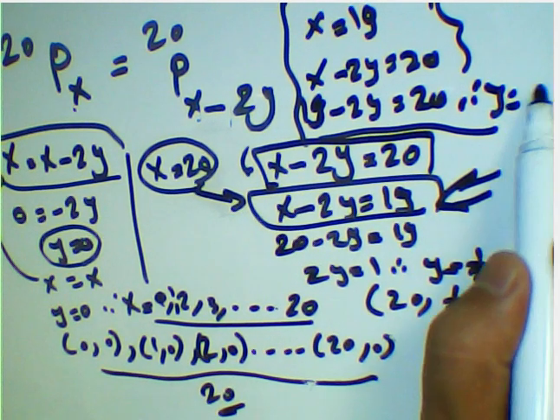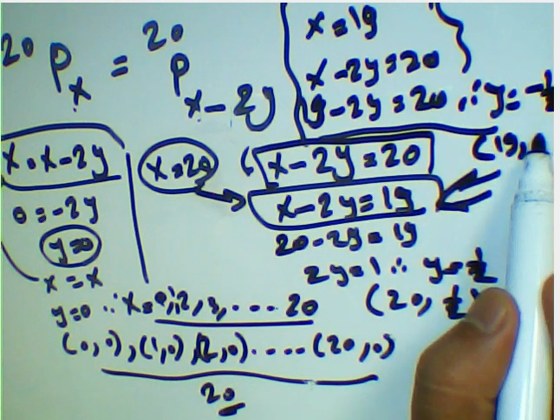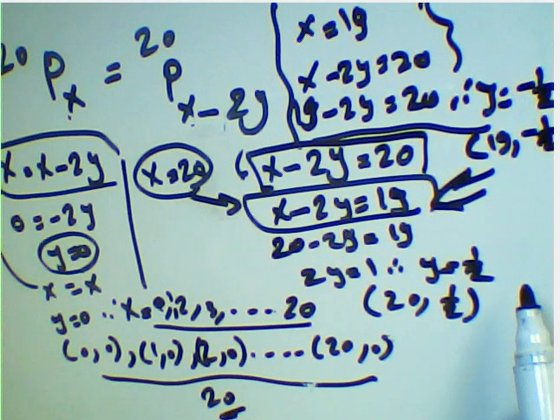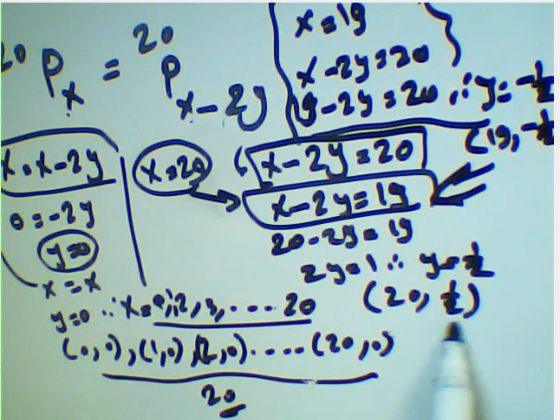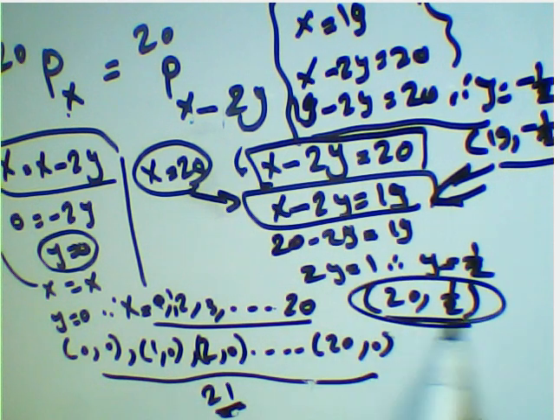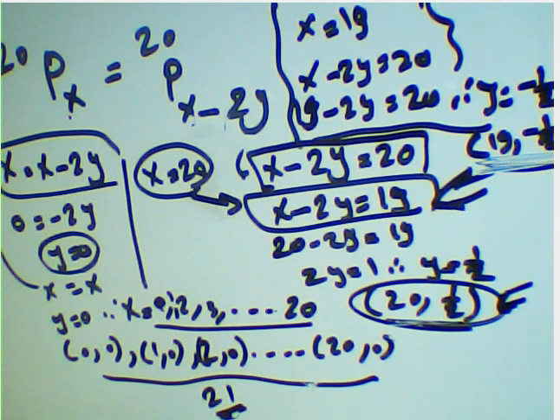So we have another solution, 19 and negative half. Okay, how many solutions we have here? 20, 21, and we have here 0 and 0, it will be 21 solutions here, and here 20 and half, and 19 and negative half, and the result will be 23 solutions. We have 23 solutions about this example.